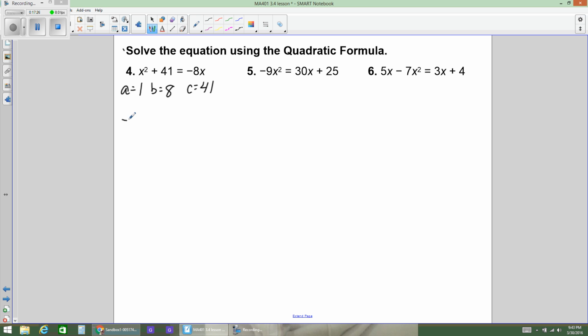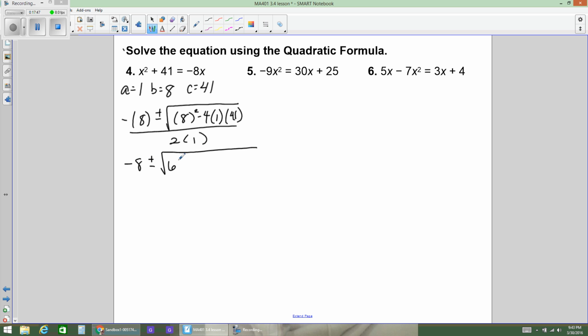So x equals the opposite of b plus or minus the square root of b squared minus 4ac all over 2a. There we go. Just pause the video and practice, practice, practice.